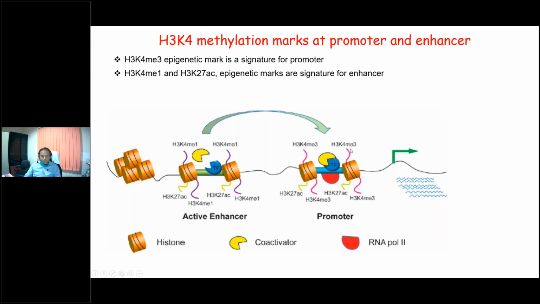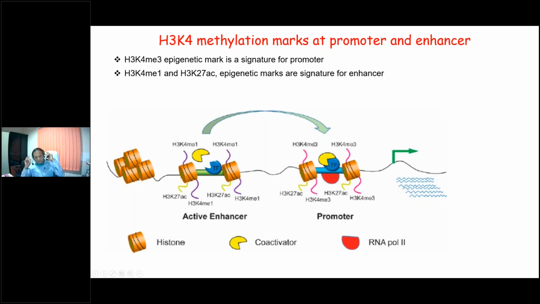That is, on the promoter H3K4 trimethylation will be present, and in the enhancer region H3K4 monomethyl will be present. And you know that the enhancer and promoter can communicate through long distance interaction and through several other ways, like DNA looping or through enhancer RNA. So this is the way they communicate.